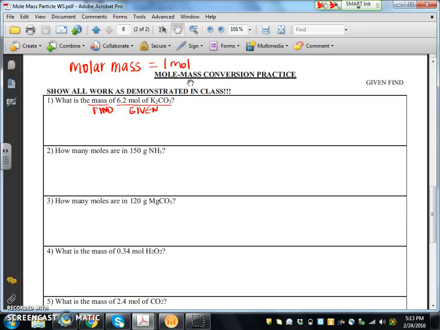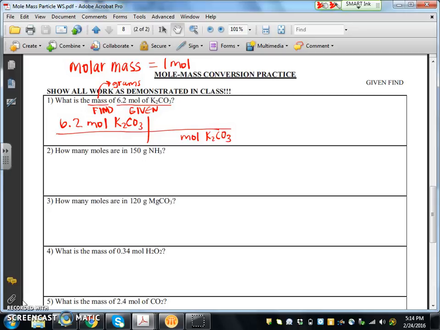So anytime you see the word mass, you need to automatically think of grams. So let's start off by putting what is given to us in the front of our T-chart. So our 6.2 moles of potassium carbonate. And because it's moles, I'm going to make sure that I have moles of potassium carbonate at the bottom.